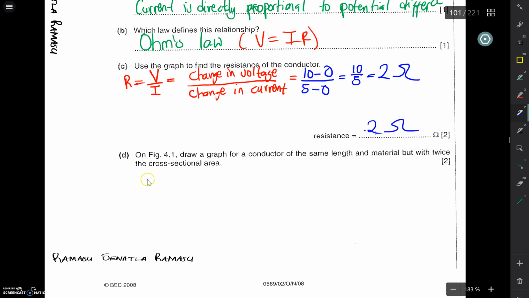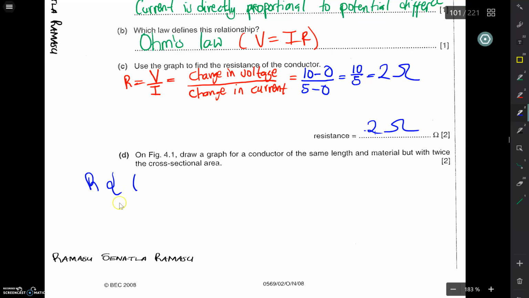And then part D says on figure 4.1, draw a graph for a conductor of the same length and material but with twice the cross-sectional area. Okay, so my resistance is directly proportional to the length of a conductor.